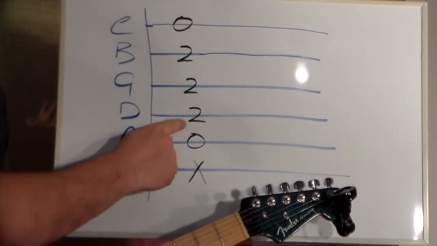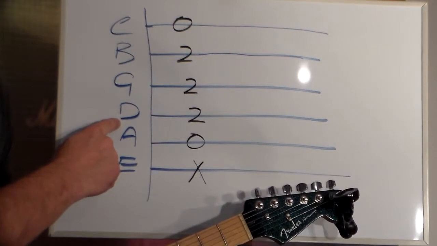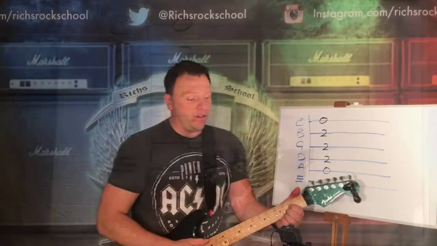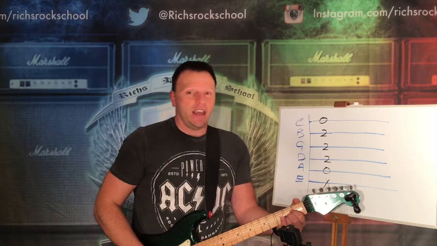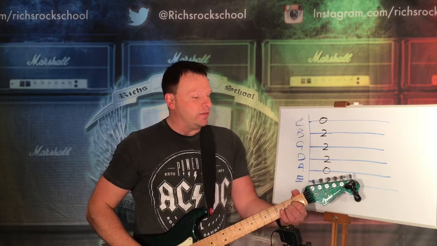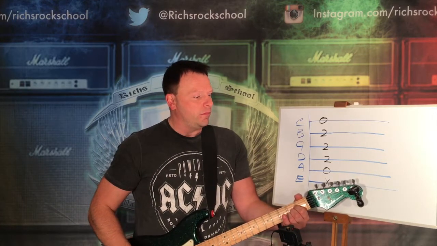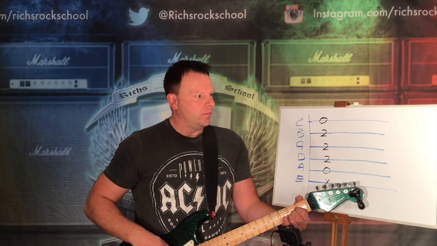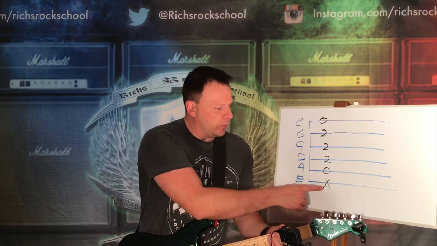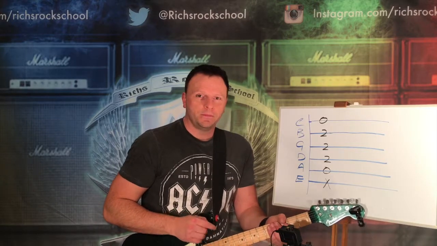Trace them back to see what string you're playing and then just place the fingers accordingly. Like I said, this is the A major, so it sounds like this. And we don't play that low E, okay?